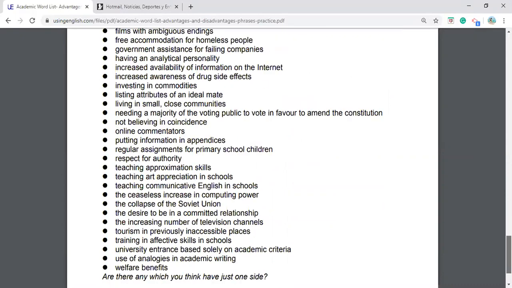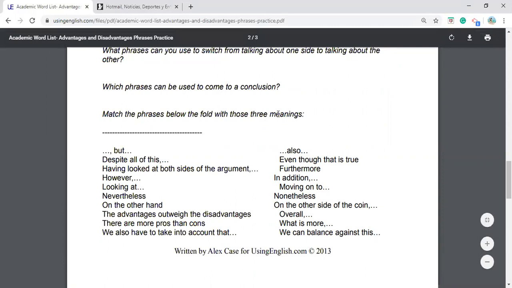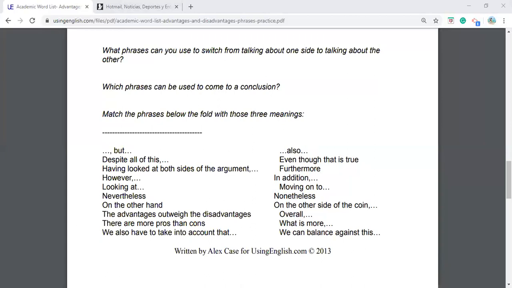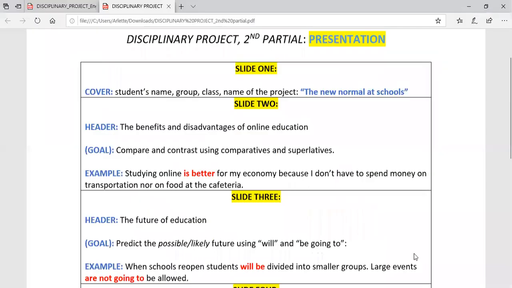Y bueno, hasta aquí tenemos las expresiones, el vocabulario que pueden utilizar en la diapositiva 2, ¿ok? Pueden utilizar ese vocabulario en la diapositiva, sí me parece que es la 2, déjenme ver. Sí, donde están comparando y contrastando.